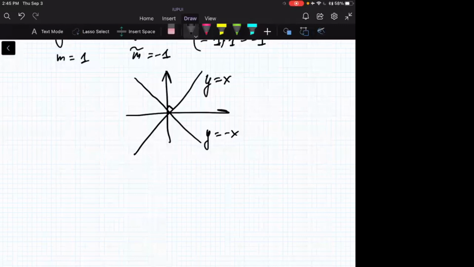And so there is a similar problem: to find the normal to the curve at the given point.